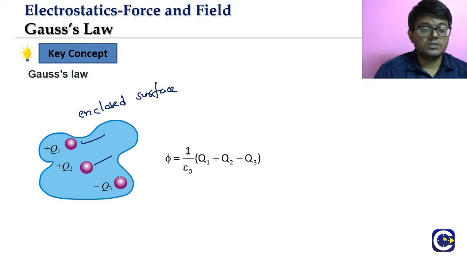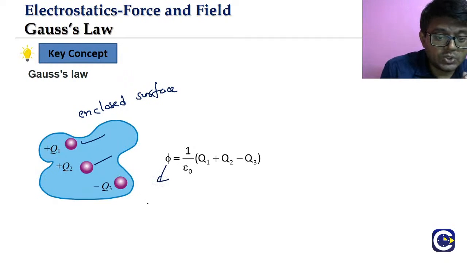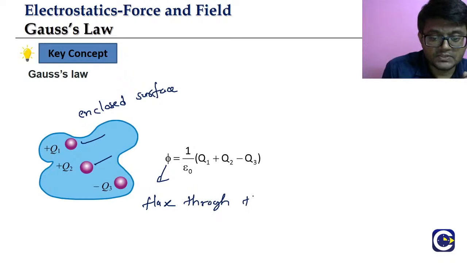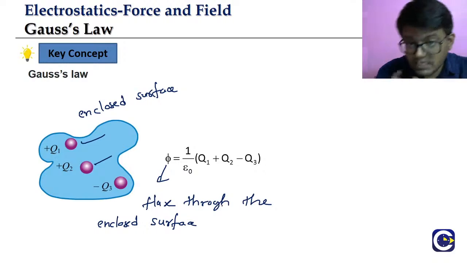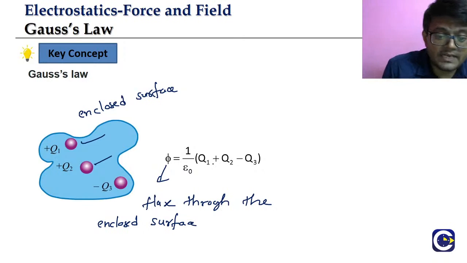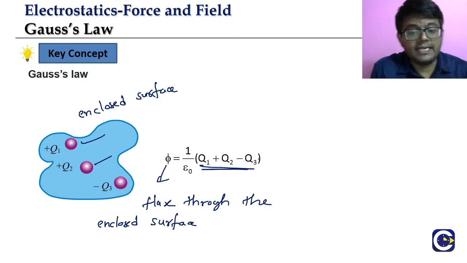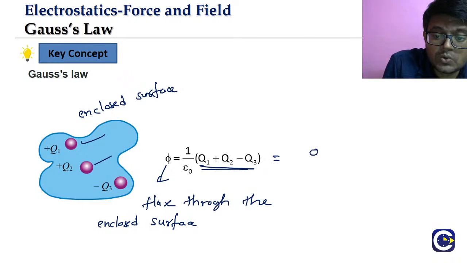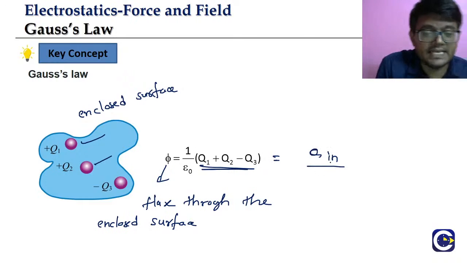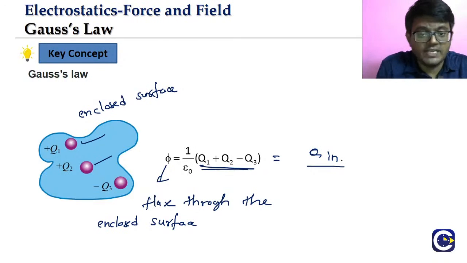Okay, so this is the Gauss law statement. Flux through the enclosed surface. So look, what is it? Flux through the enclosed surface will be equal to q1 plus q2 minus q3, meaning the total charge that is inside, or we can say total charge that is enclosed, or we can even say net charge.